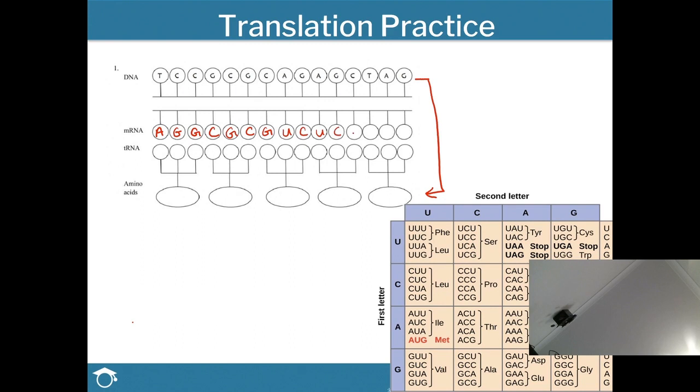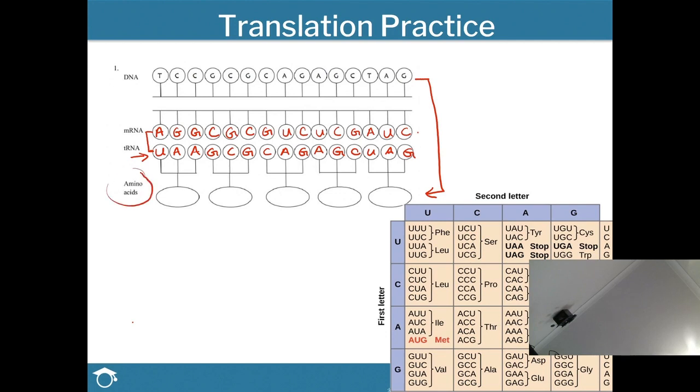C, U, C, G, A, U, C. The anticodon for the tRNA is the opposite mRNA strands for each codon. So that becomes U, A, G, C, G, C, A, G, A, G, C, U, A, G.